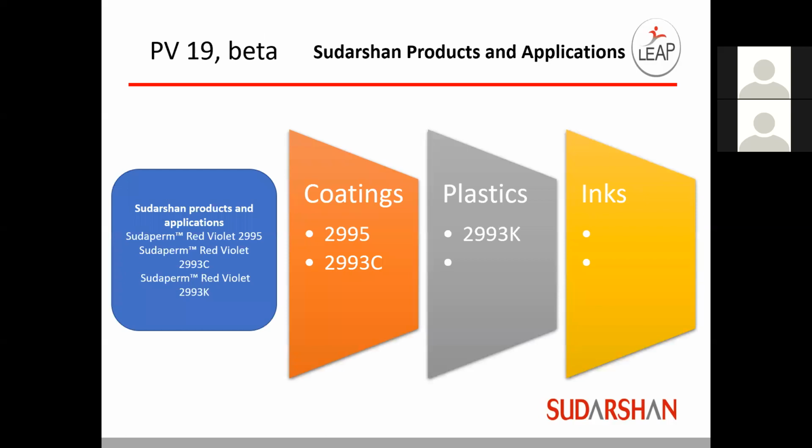And similarly, we offer some products in the beta modification as well. Similar comments here that we've placed them in these application buckets by the measure of their finishing techniques, but it's not to say that they can't be used in others.